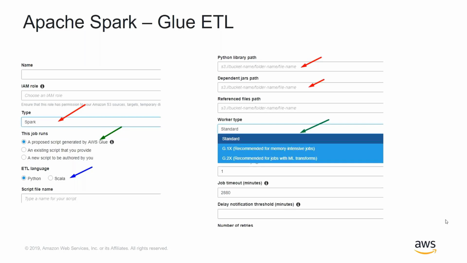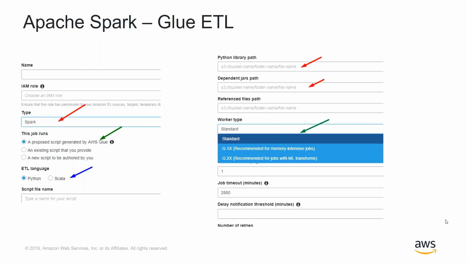So it asks you if you want to use that functionality, and that's the green arrow area, or if you already have the script, you can just say that I already have the script, and then it'll ask you where that script is, as in the S3 location, and then you can move on to the next screen. So we will explore a little bit more on the WYSIWYG part in the following slides.